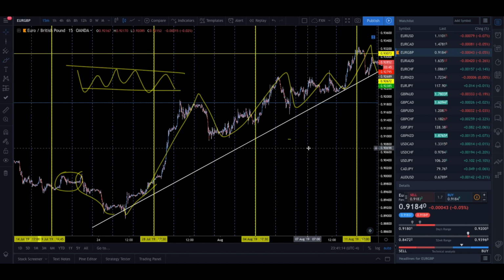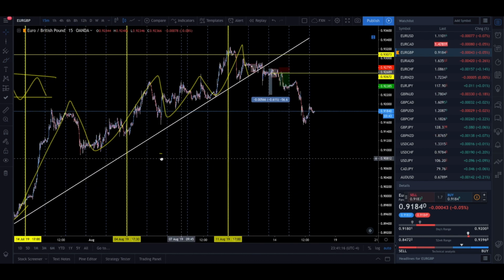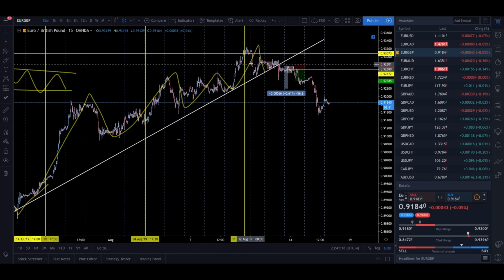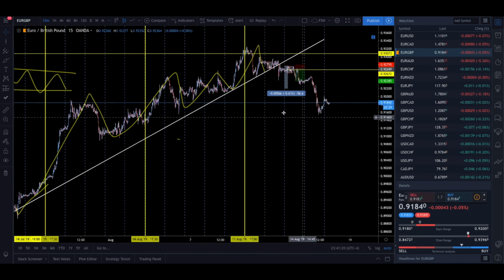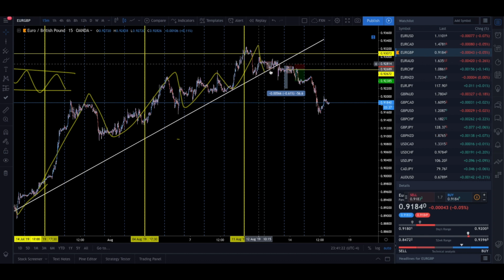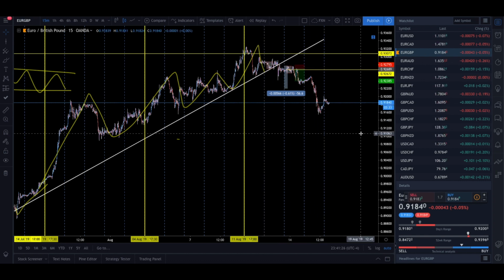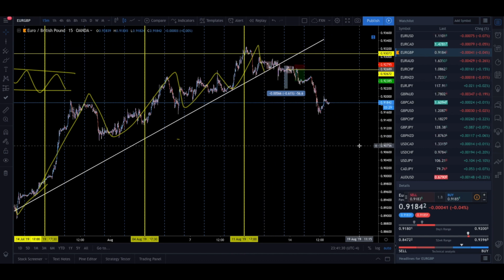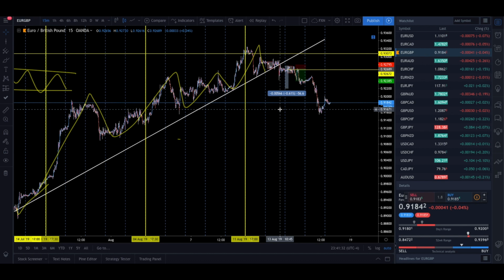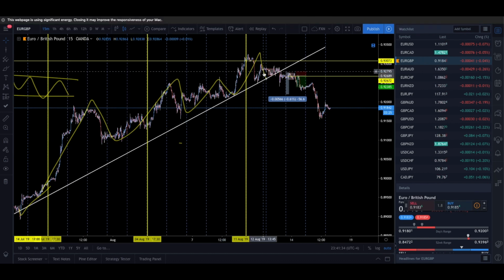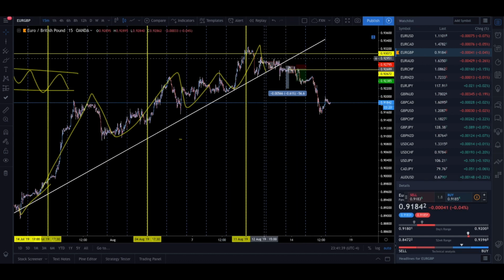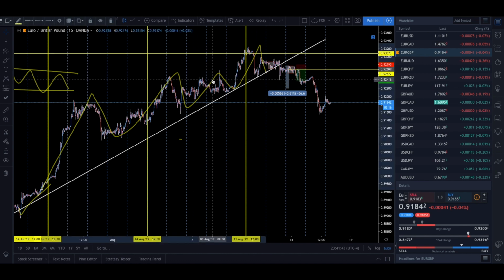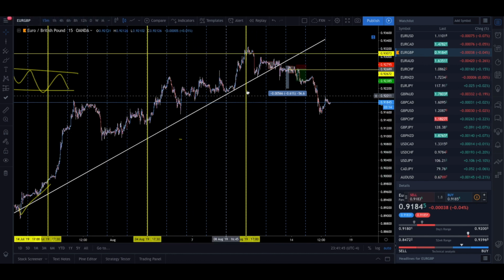Okay. One interesting thing about this is that you can see now it's starting to fall over, and it's starting to create lower lows and lower highs. So basically the trend is changing. But now you can see this current week that we're on here, and you can see what kind of weekly structure we're working with.